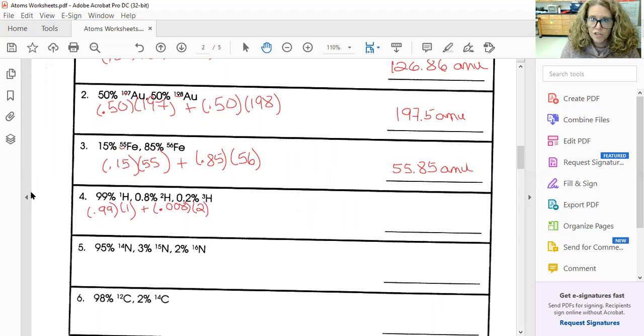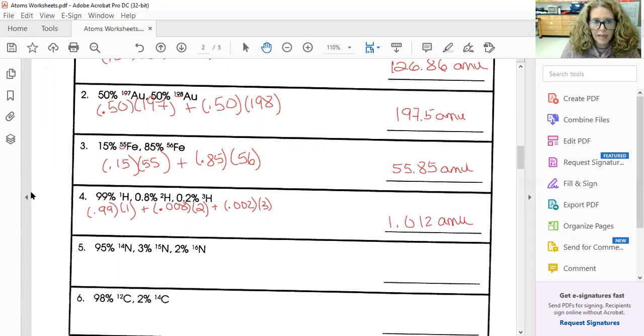That hydrogen has more neutrons, which is what makes it heavier. And now I have 0.2% of hydrogen with a mass of 3, so that's 0.002 times the mass of 3. When I add all of those up together, it comes out to be 1.012 atomic mass units.